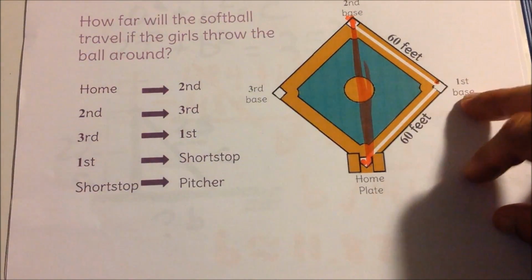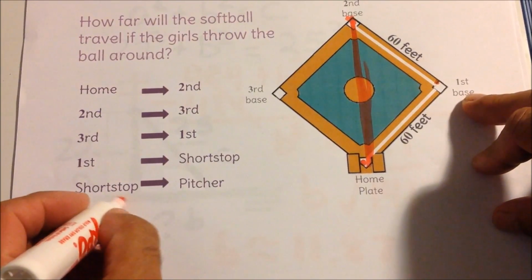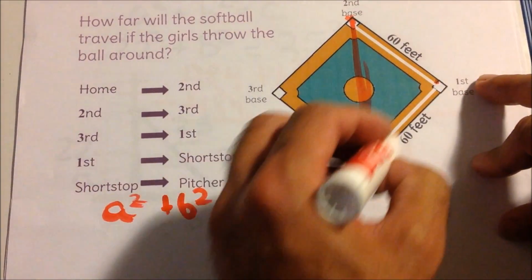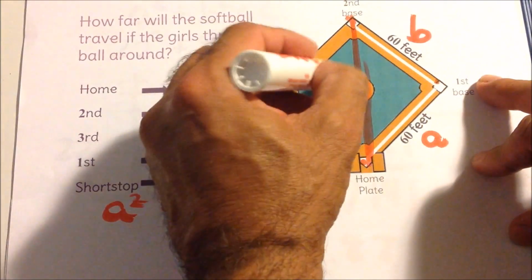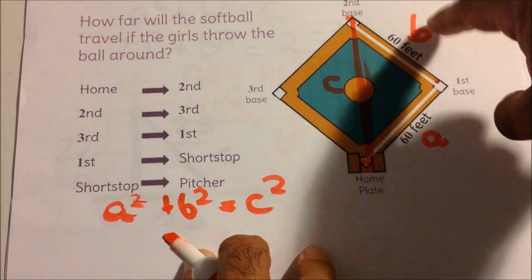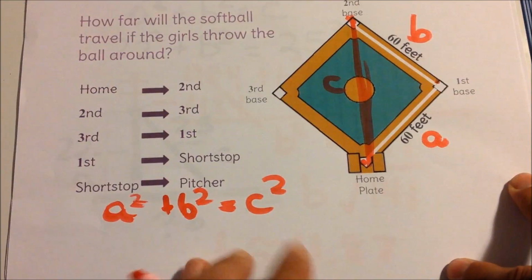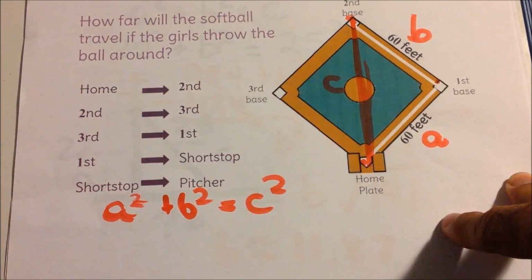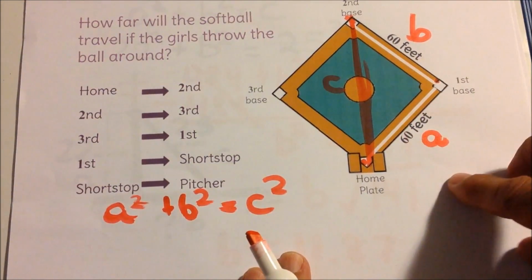Okay, so again, we have a squared plus b squared equals c squared. We have a and b and c. Again, it doesn't matter which one was A or B. And now, you have 60 feet, or you can just say 6 feet too. You can get rid of the 0 and then add it later.